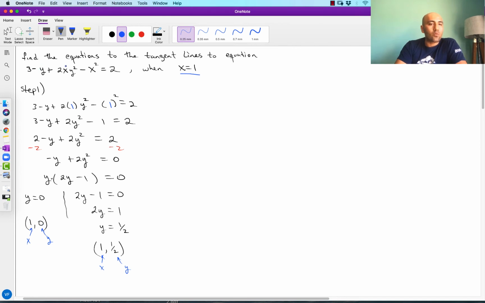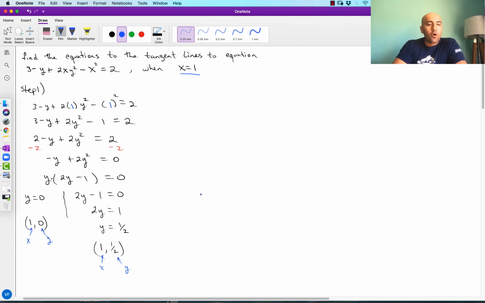And when x is 1, we end up with 3 minus 1 squared, and that's equal to 2. So clearly that's a solution. And now if we replace all the y's with a 1/2 and simplify the whole thing, we'll see that we also get another valid solution.